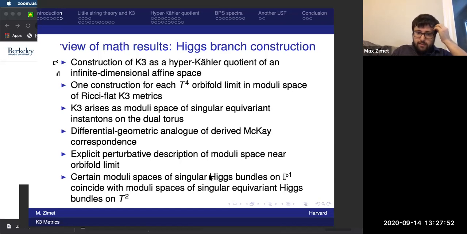In particular, one learns that certain moduli spaces of singular Higgs bundles on a punctured sphere correspond with moduli spaces of singular equivariant Higgs bundles on the torus that you can orbifold and then deform to get that sphere. I can say more about that later if you want, but for now I just wanted to mention that this construction works in more generality.